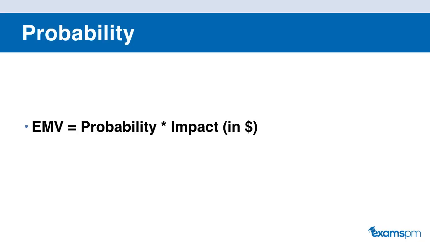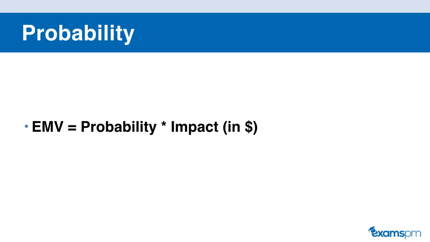And our last formula is probability. The way that we calculate probability, this is used in risk management, is by using probability of that risk occurring, multiplying it by the impact in any currency, for example, dollars, of what would happen if that impact does occur.